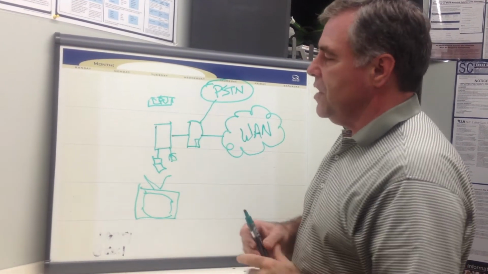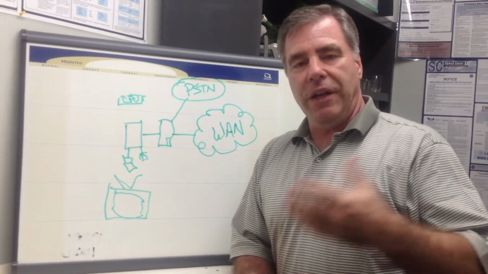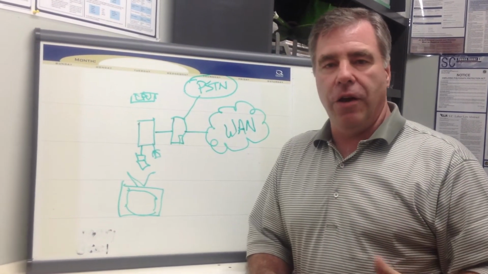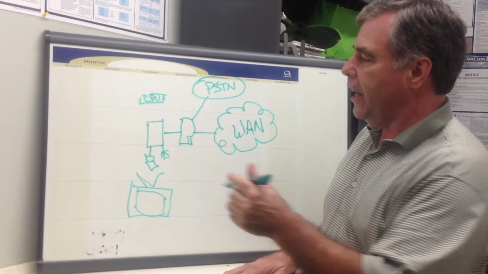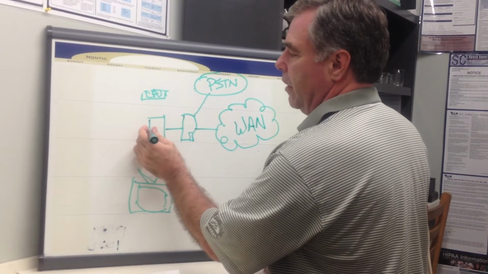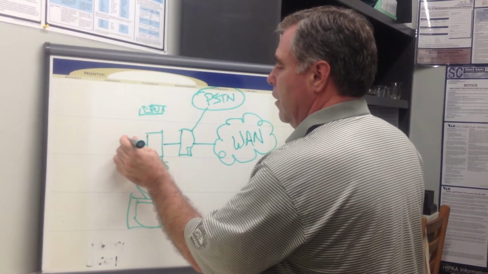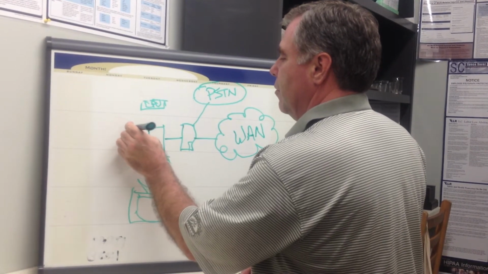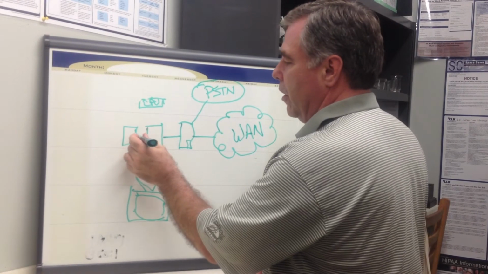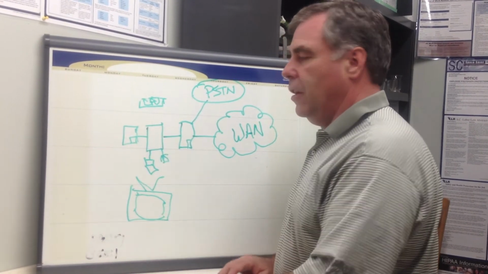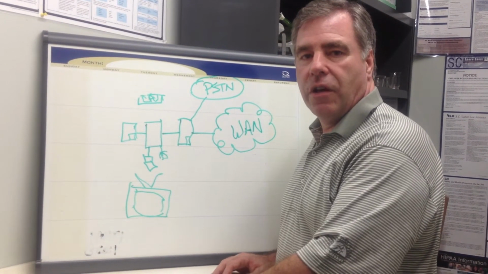So we still have the CPU, which is the brains, what makes it ring, the voicemail, all of that intelligence. So where are we going to put that? Well, Cisco figured out there are things called servers for just that functionality. We can put a card in the server that provides voice intelligence.